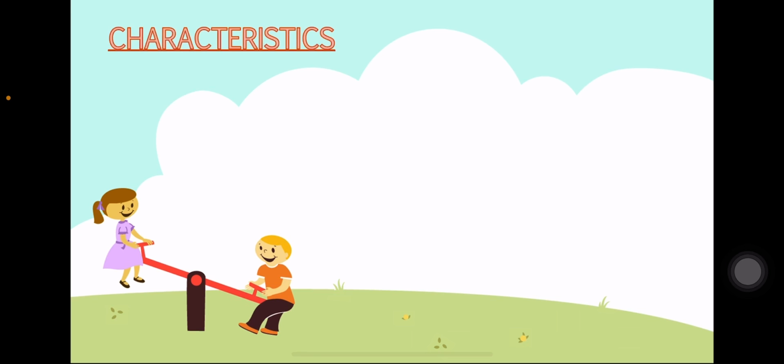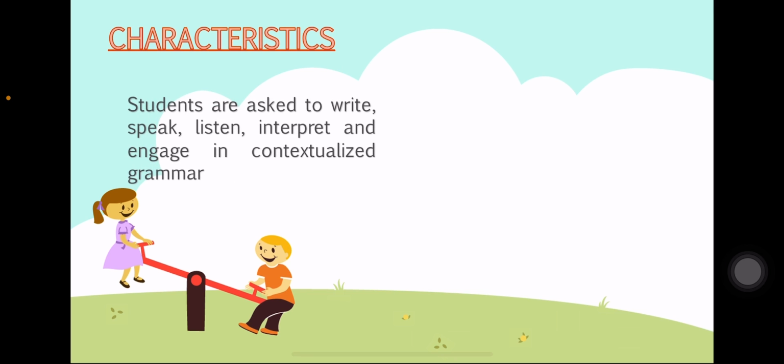Some other characteristics are that in a CLIL lesson, students are always asked to write, to speak, to listen, to interpret, and to engage with a contextualized grammar topic.